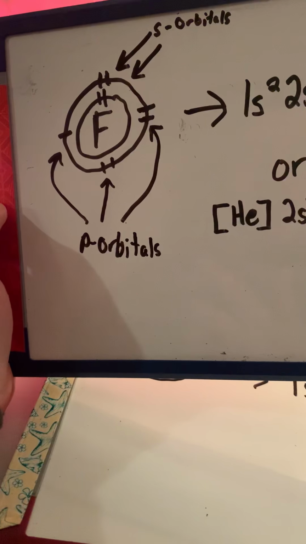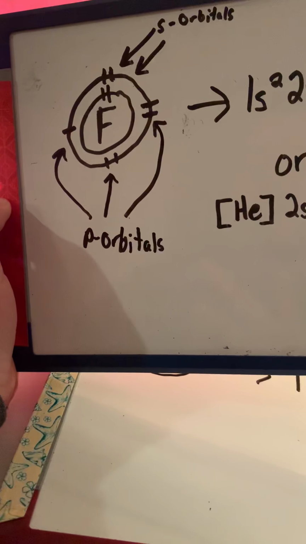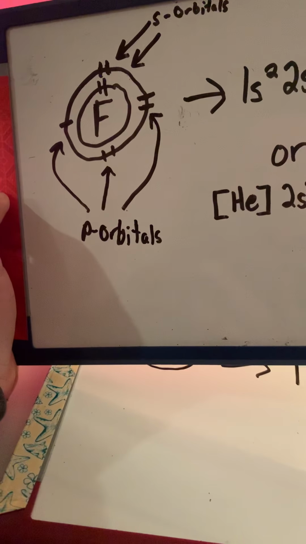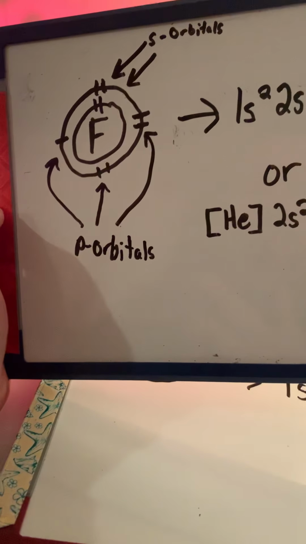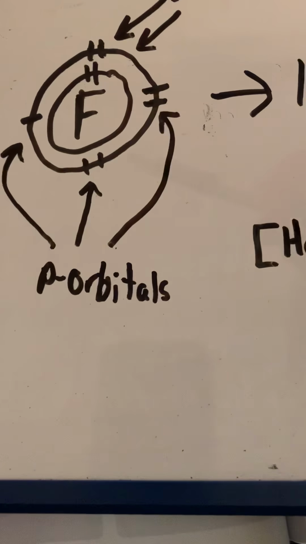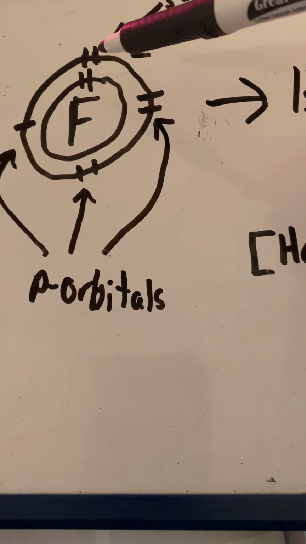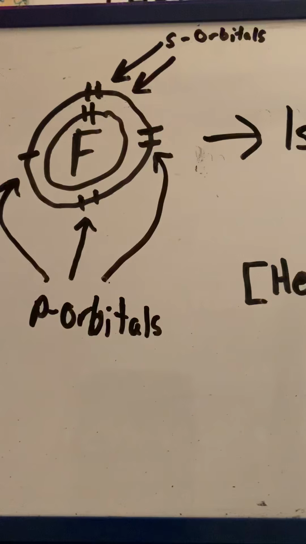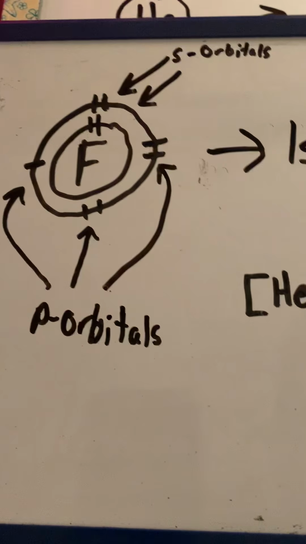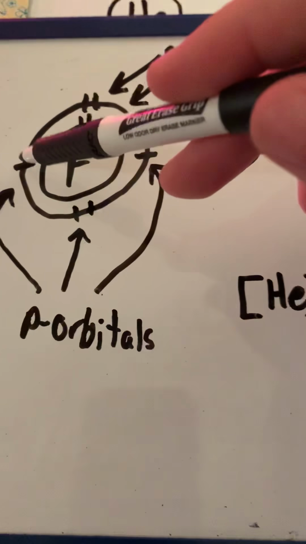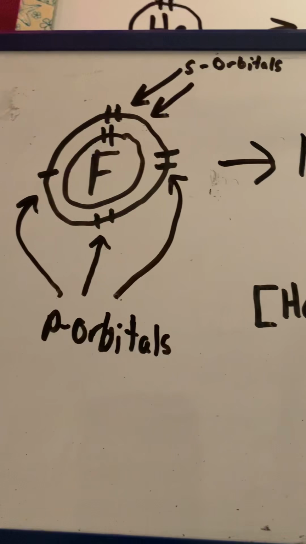But then we have full orbitals except for the last p orbital. You'll see on the top there, everything on the top is an s orbital. All the side sites that are added in the second electron level and beyond are called p orbitals.